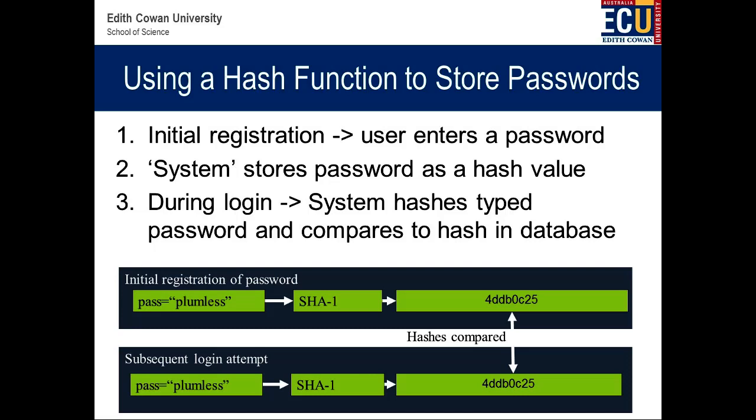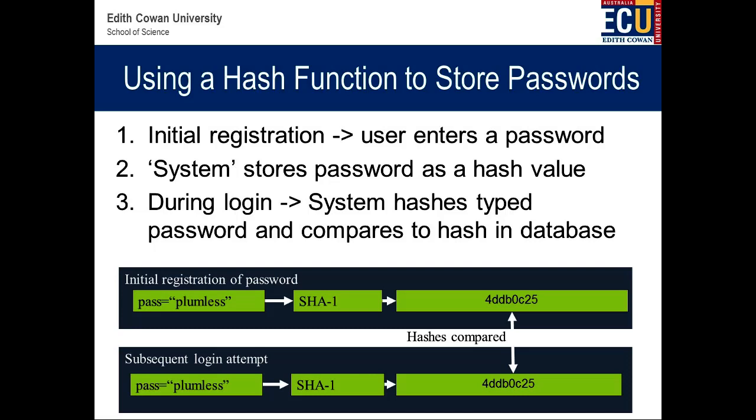When the user tries to log into a system, the user enters the same plain text password value, and then the system generates the hash value using the same hash function and compares that hash value with the value that is stored in the database or the password file. The diagram shows you the example.